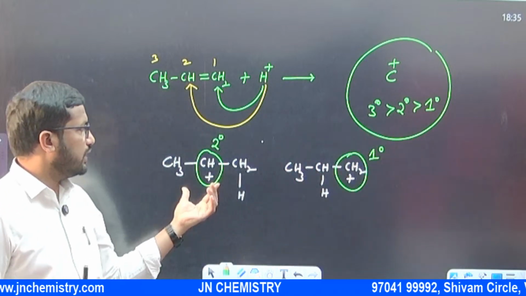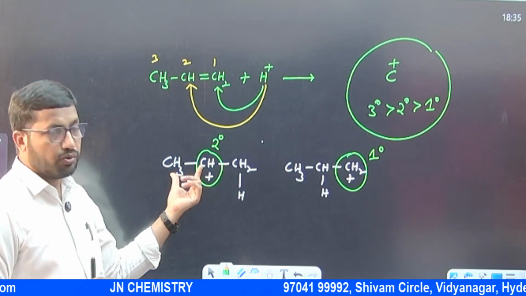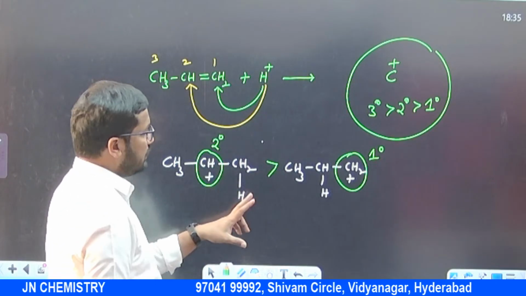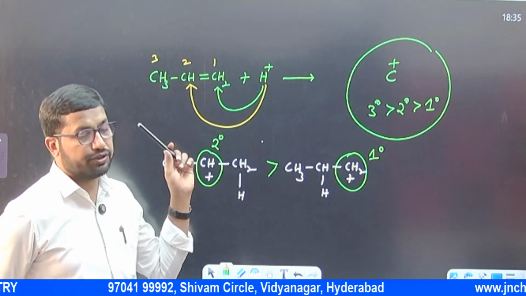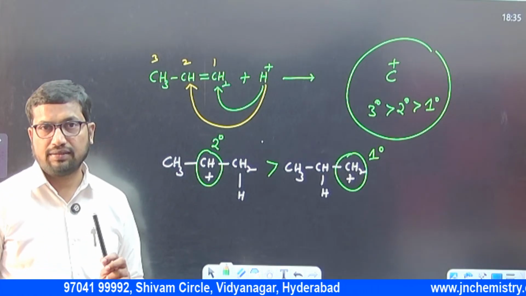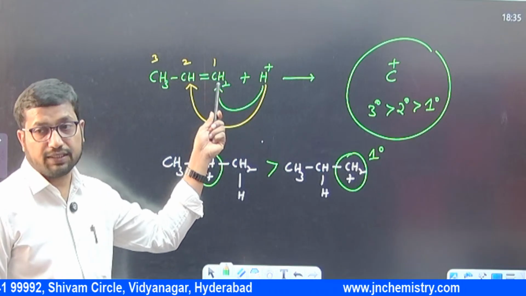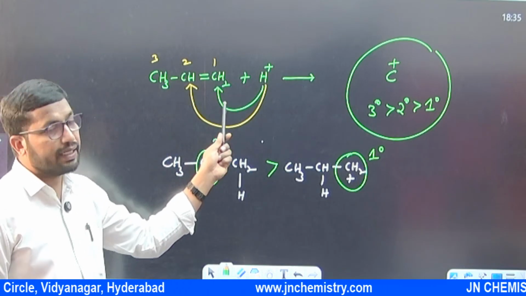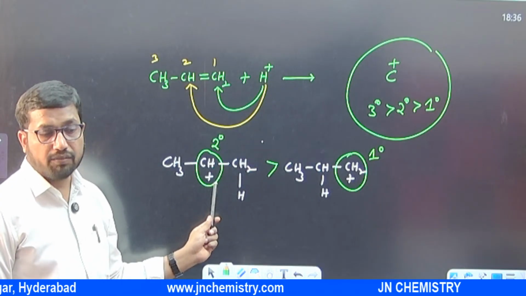Of course here we have 2 degree and 1 degree, so the 2 degree carbocation is more stable. Means H plus will attack at the first position. If H plus attacks the first position, the bond migrates, heterolytic cleavage takes place, and we get this secondary carbocation.